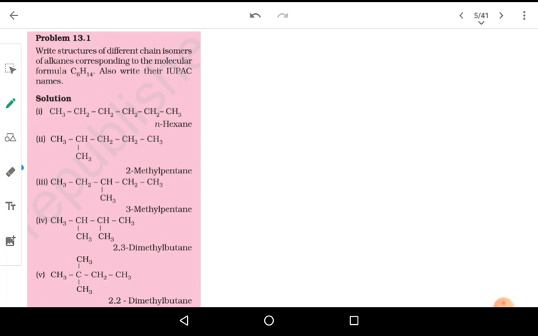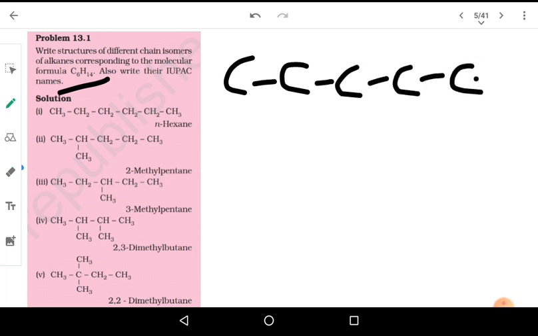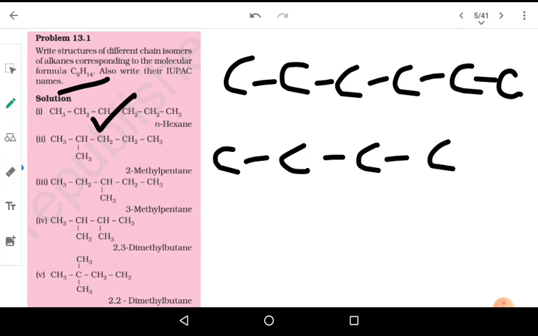So if I take C6H14, we can arrange it like this. This is the first possibility. We can arrange 6 carbons in a straight chain, then it is known as normal hexane. Second, we can arrange 5 carbons in a row and keep 1 carbon as a substituent.